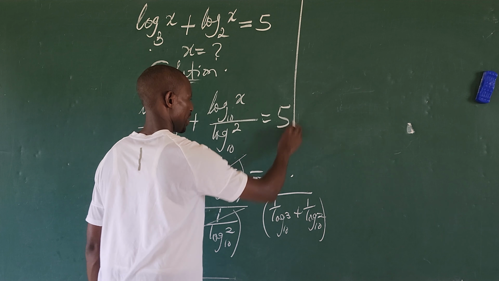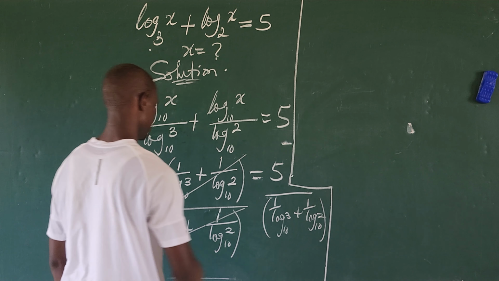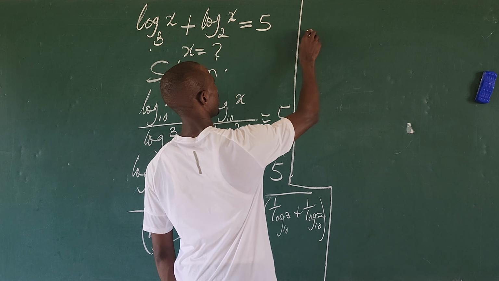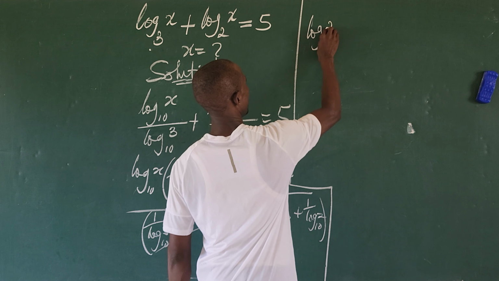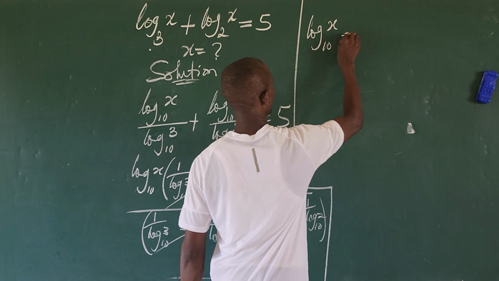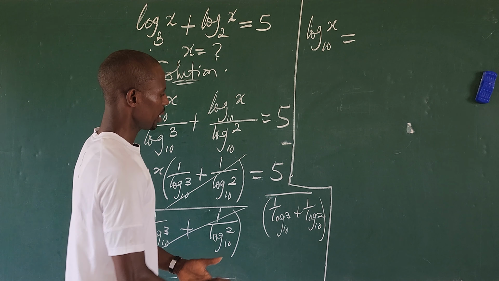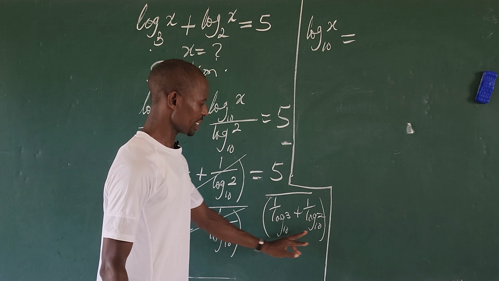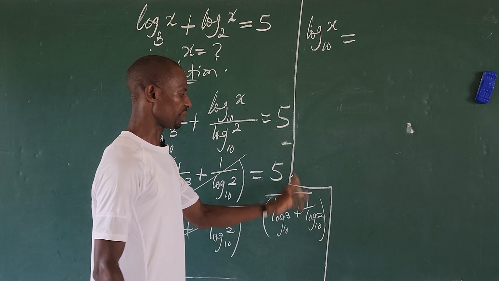So let's continue here and see what it gives us. Log x base 10 will now be equal to what? Now look at this. We can find the LCM of this and simplify here.